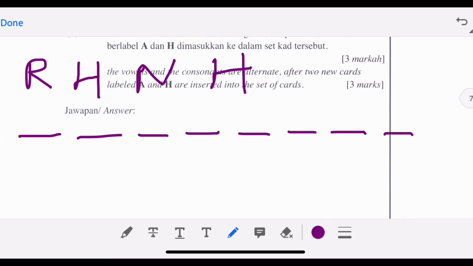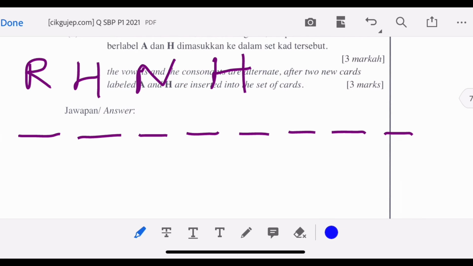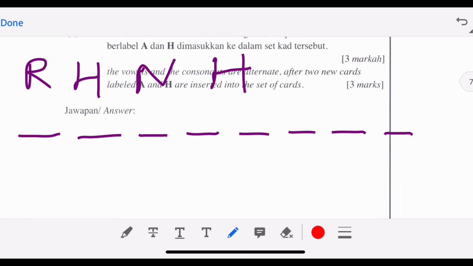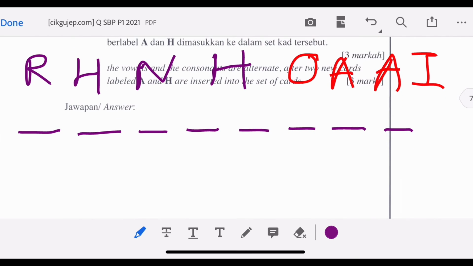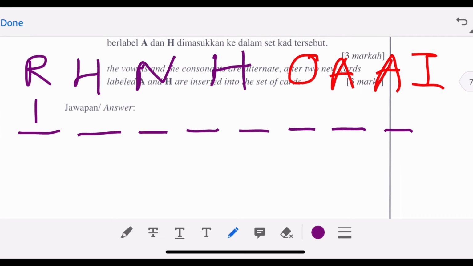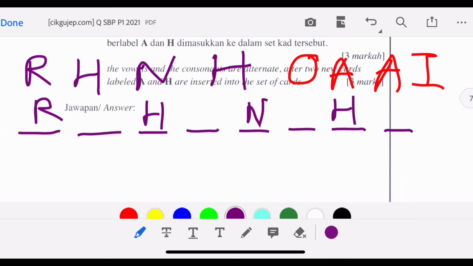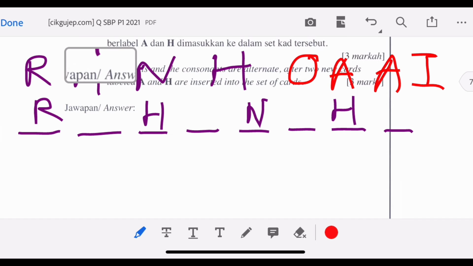For vowels, we are going to have O, A, I. Alright, so let's say I plug in the consonants as R, H, and H, right? So then the consonants are settled already.